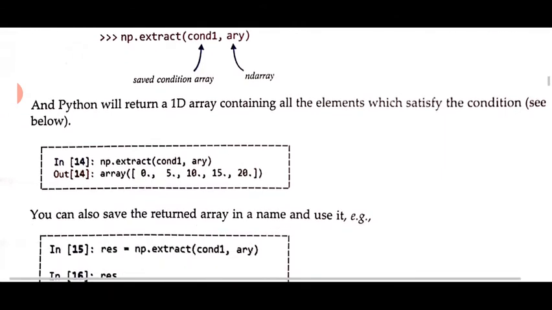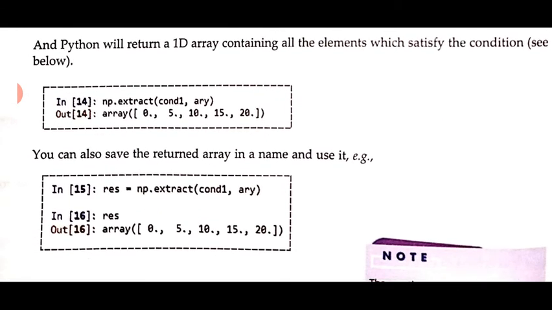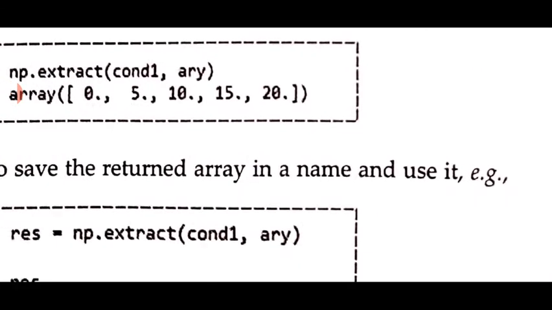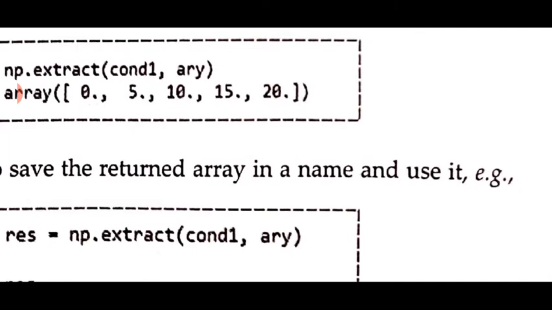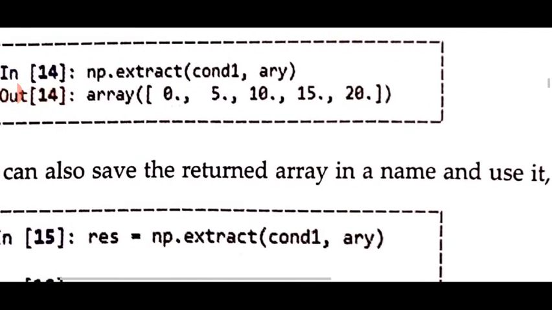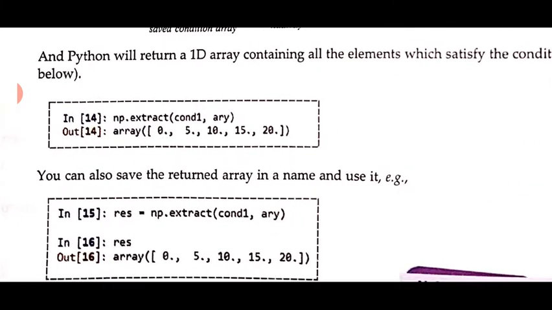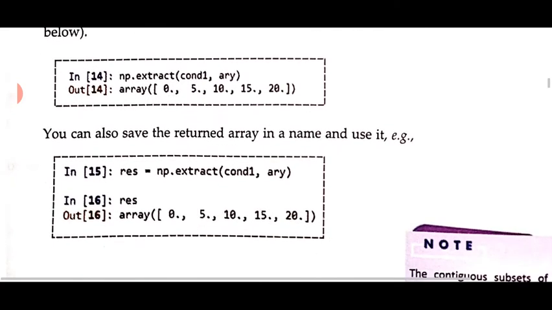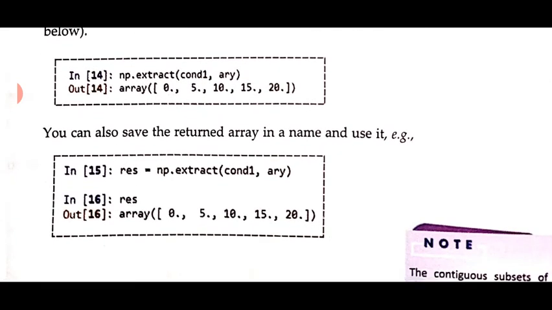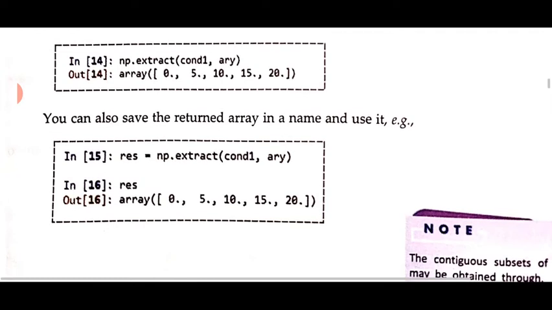So here we can see the output resultant array is 0, 5, 10, 15, 20. In the nd array at these places you can see true, true, true, true and true. It means 0 is divisible by 5, 5 is divisible by 5, 10 is divisible by 5, 15 is divisible by 5 and 20 is also divisible by 5.